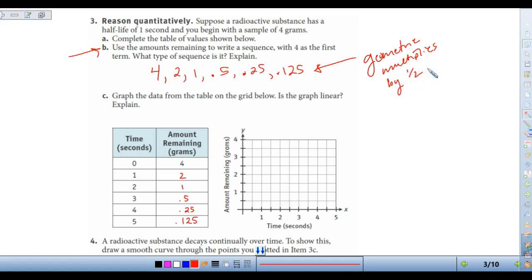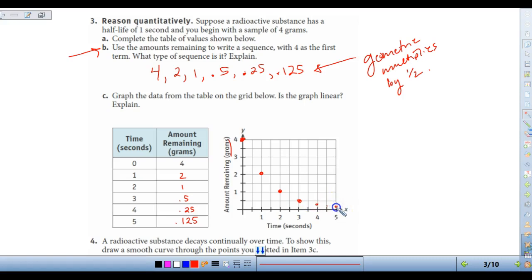Alright, and then we're going to graph that data. So for 0 time, in other words, when we start out, we have 4 grams. These are the grams on this side. And then after 1 second, we have 2 grams, 1 gram, half a gram, half of a half, and half of a half of a half.